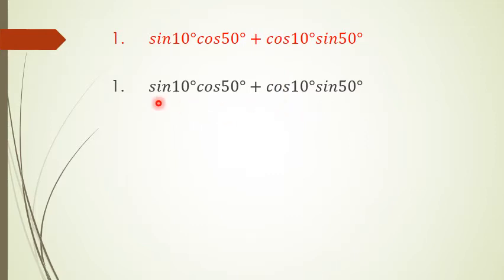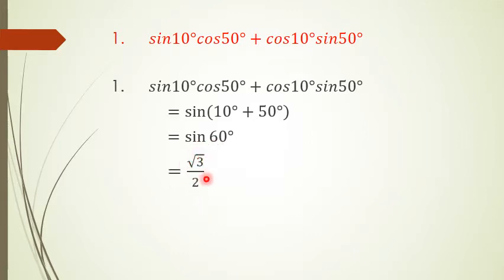Now this corresponds with the order in which they come in the compound angle formula for sine. So this is direct application of the formula. This is equal to sine 10 degrees plus 50 degrees, which gives us sine 60 degrees. And its value is square root of 3 over 2.